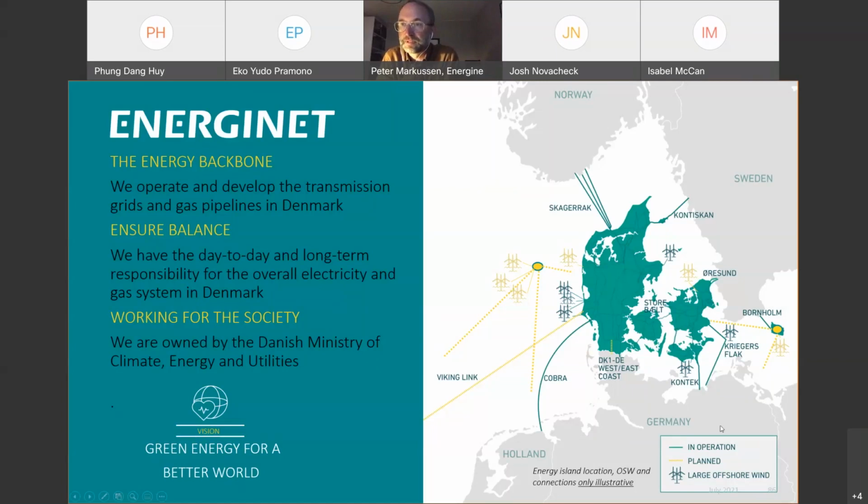We are developing quite fast with the use of renewables, especially offshore wind, and are quite well connected to our neighboring countries, as can be seen in the figure on the right. Next slide, please.